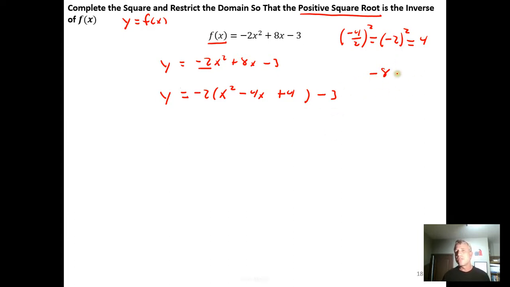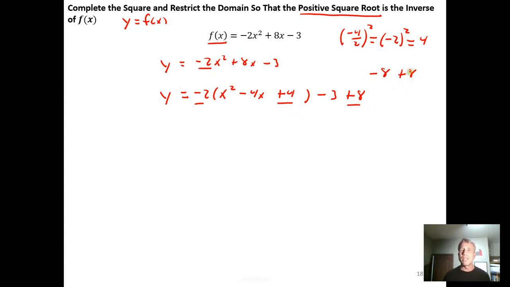And so what I need to do is get this to zero out so that I've effectively added nothing to the right hand side. So negative 8 plus 8 would give me 0. So if I come out here and I add 8 to the right hand side, so here I've done negative 2 times 4 is negative 8, plus 8 is 0.